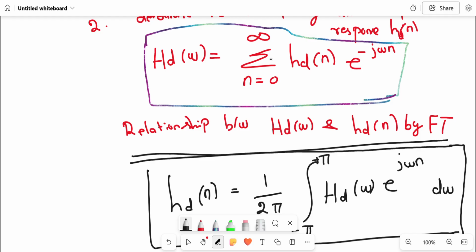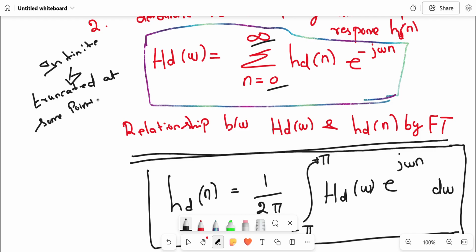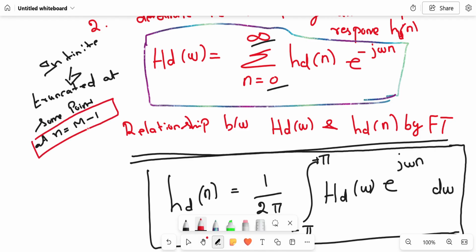So this is infinite in duration, and this infinite duration must be truncated at some point, for example at n equal to M minus 1, to yield an FIR filter of length M.